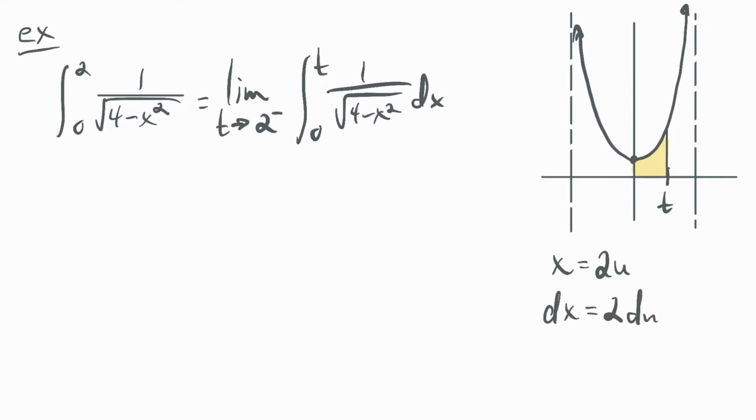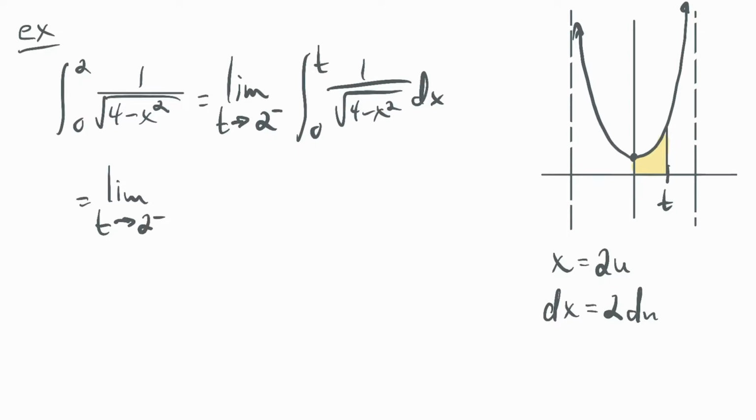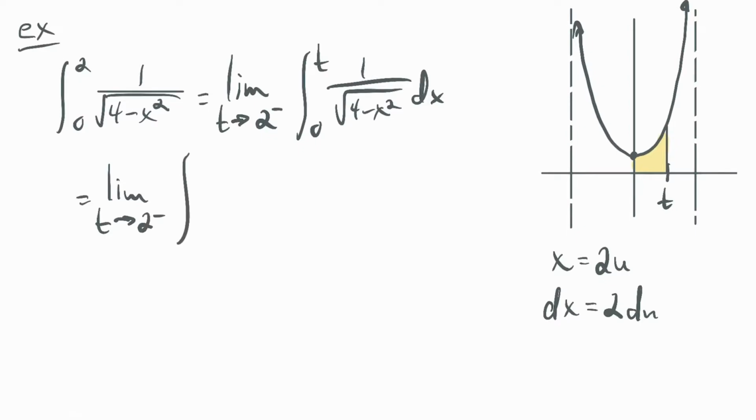Okay, so this equals the limit as t goes to 2 from the left of, let's say, 0, and is that going to be 1/2 now? I'm sorry, it's going to be t over 2, right? Because we're doing a change of variables, so I have to change my limits of integration.